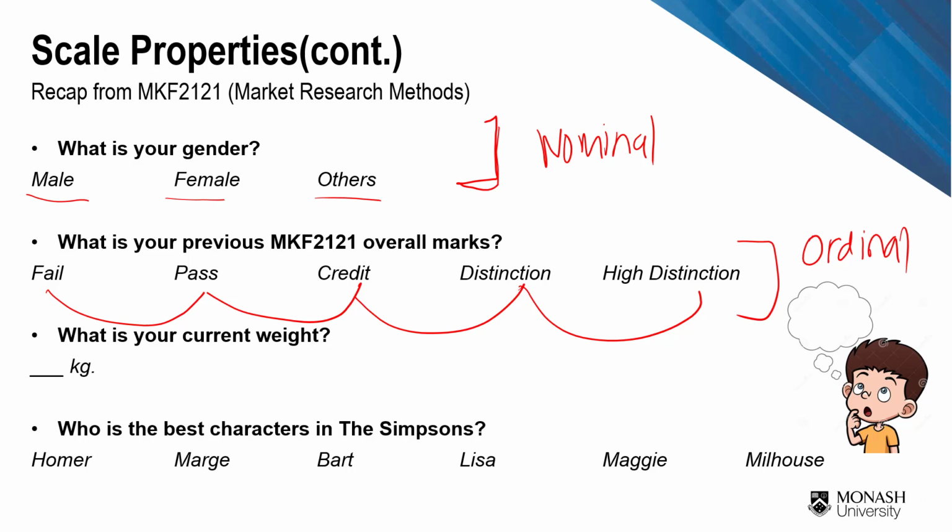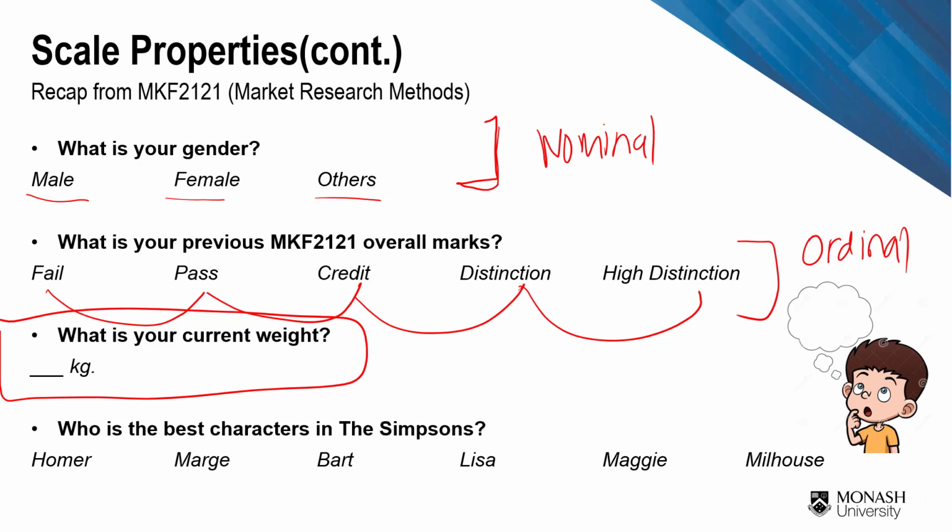Okay, next, what's your current weight? Now this is very dangerous to us girls, or women, but again, try to stay away. But for the sake of this exercise, we are not asking you what is your weight, we are asking you what type of scale this is. Now as you can see with weight, if you have 0 kilograms, it means that you have no weight.